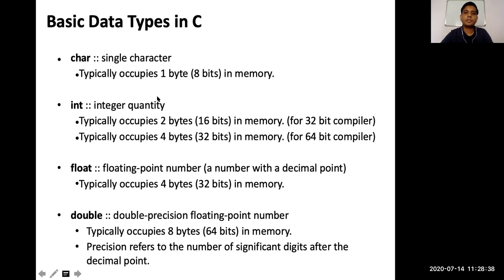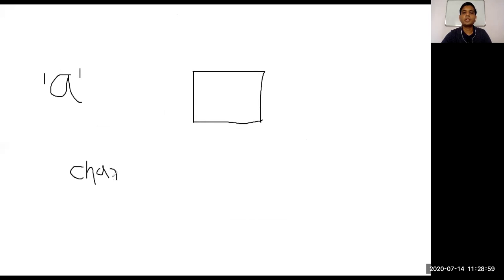Suppose you want to store the small a inside the computer memory, then this is the 1 byte of the memory. And what actually gets stored into this memory? Suppose I am creating one variable named ch of type character, and in this ch I'm going to store the small a.